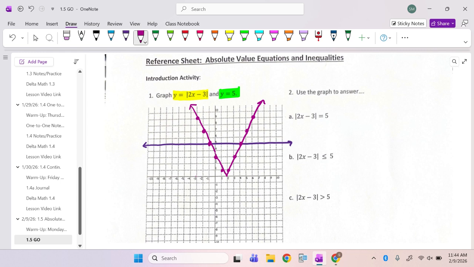Thumbs up if you're ready. I'll give you another minute. So once you get those points, graph them on your pink sheet.